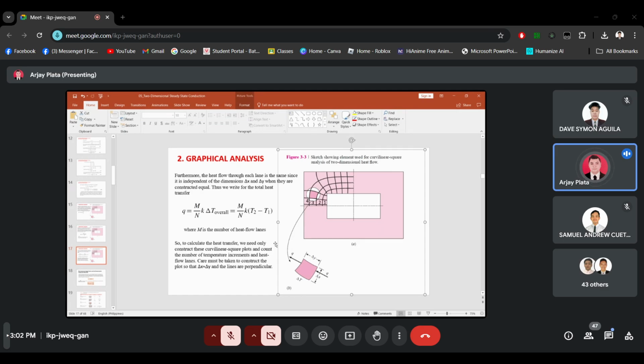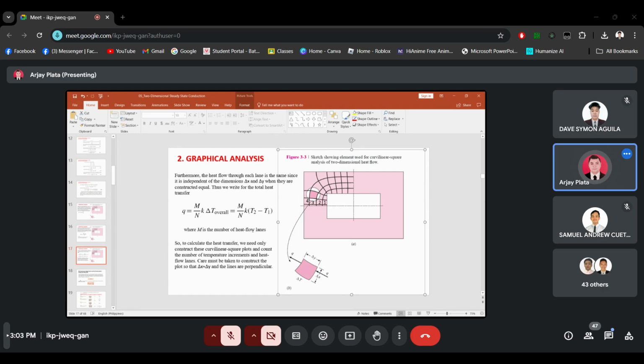So N is 4. And then this is our formula for the Q: M over N times k delta T overall. So N is 4. How about M? M is the number of heat flow lines.